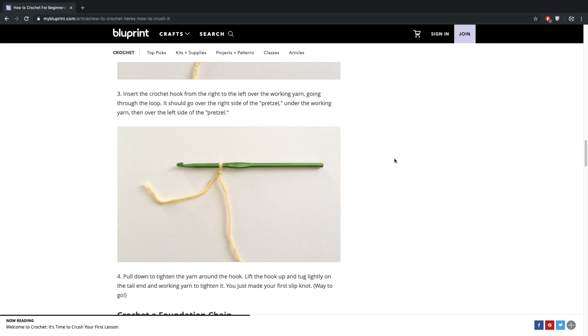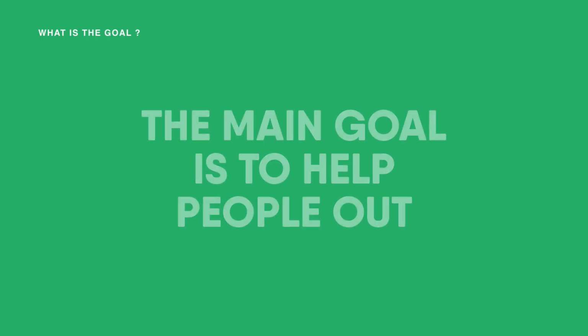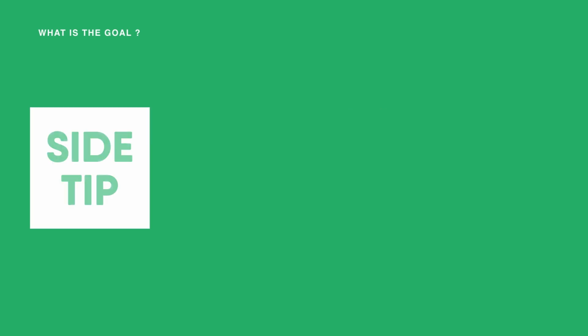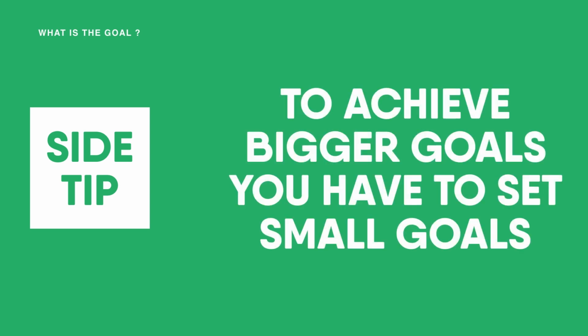That's essentially the goal. The main goal should always be to help people out, because when you can help people and they find you beneficial, you will grow eventually. A side tip for everyone is that to achieve bigger goals, you have to set small goals, because this is really the best way to achieve anything. I mean, anything.